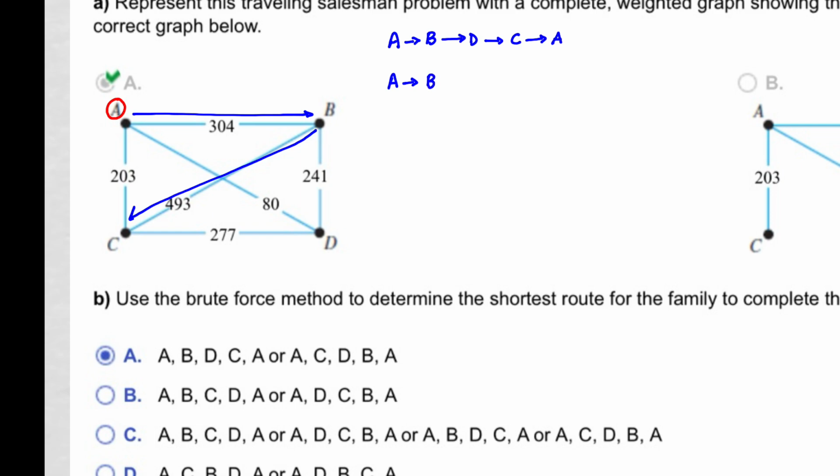We have B, and now C, and now I need to go to D before returning to A. So I visited every vertex, and there we go.